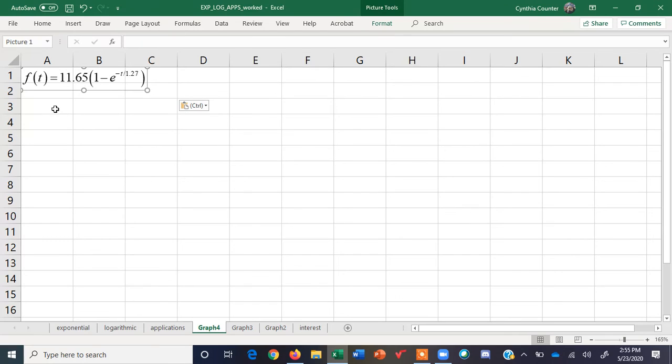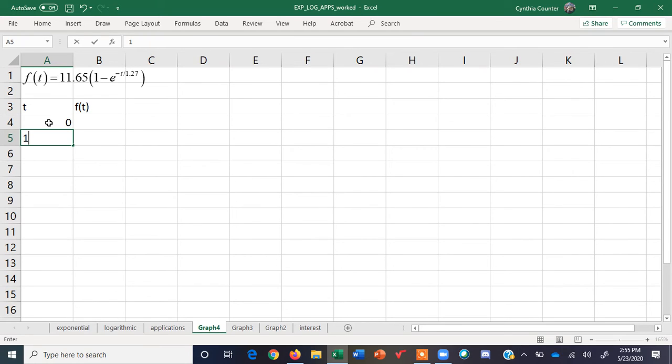It's our function, f of t. We finished in like 9.86 seconds. So starting at 0, we only want to go to 10.